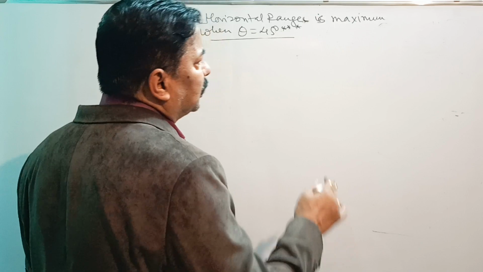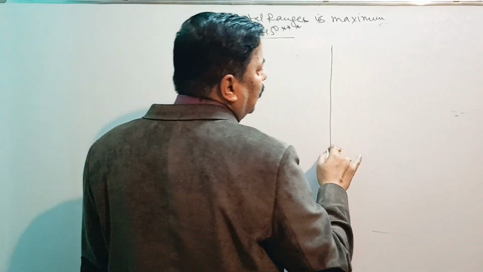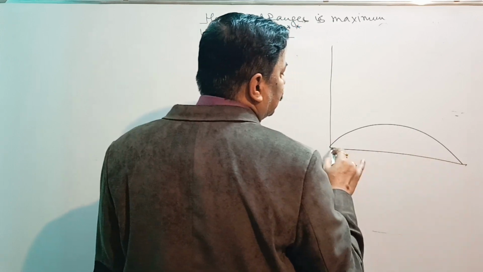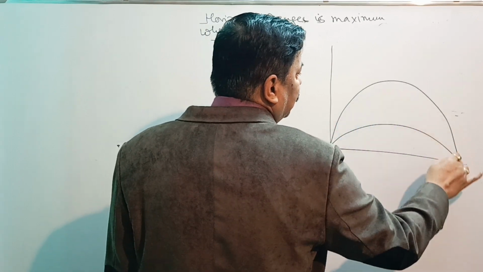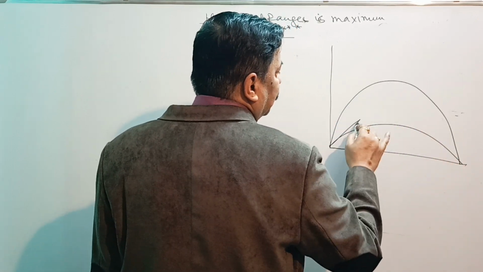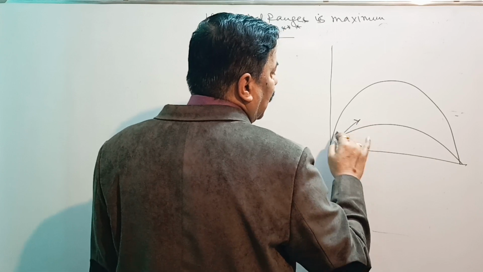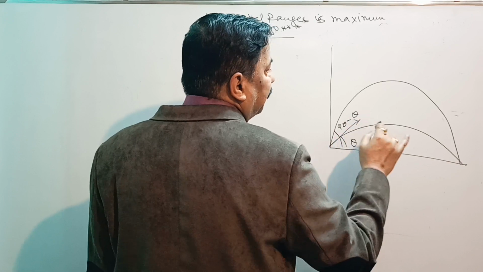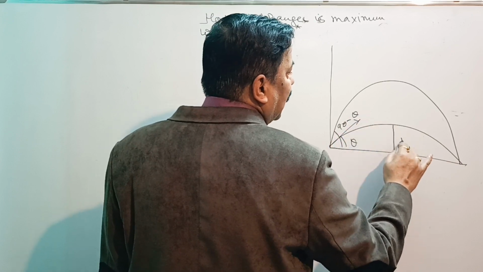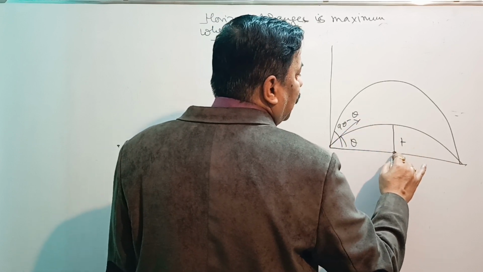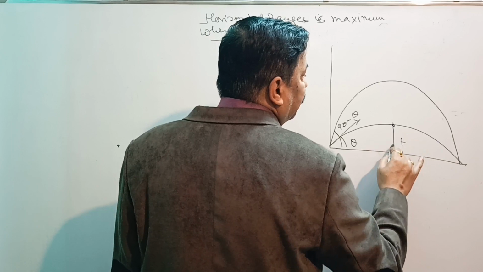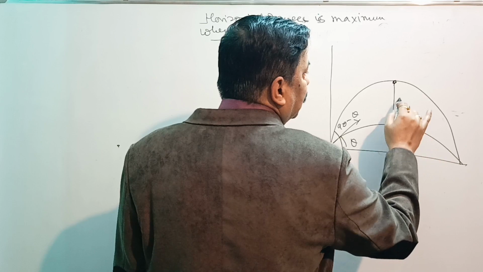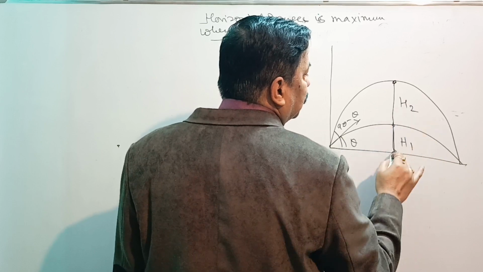Now try to understand. In the discussion, I have said one angle is theta, one angle is 90 minus theta. This is theta and this is 90 minus theta. If this height is h, from here to here and from here to here, better you take h1, this height you take h2.